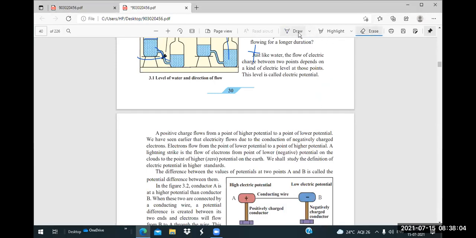Suppose here a positive charge, then here a negative charge. Suppose here a negative charge, then here a positive charge, and we know that opposite charges always attract each other. Okay, got it? Yes, sir.